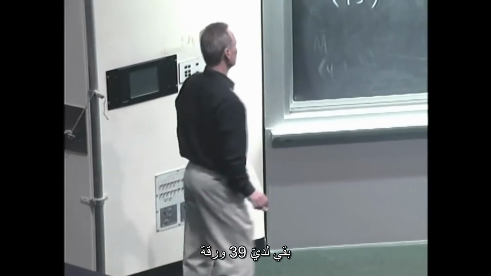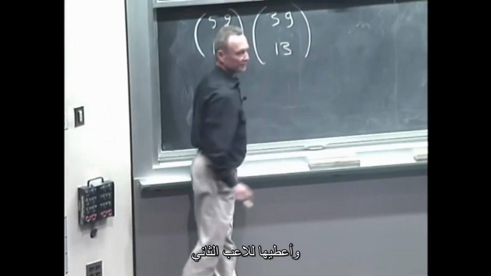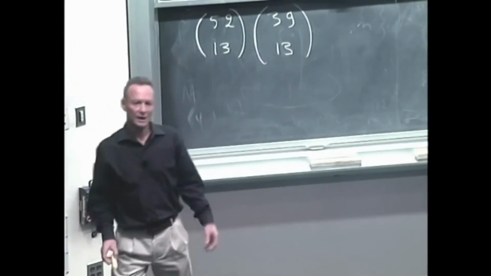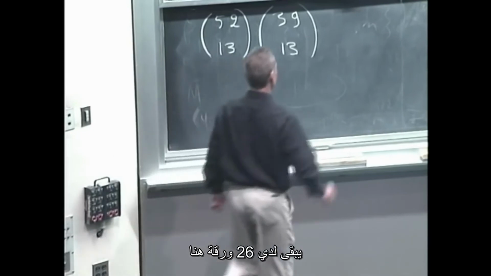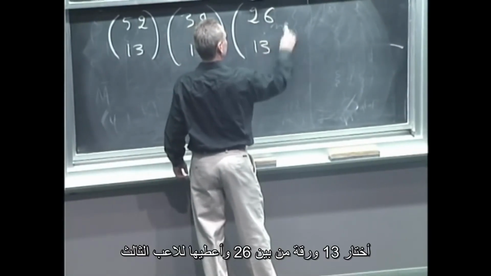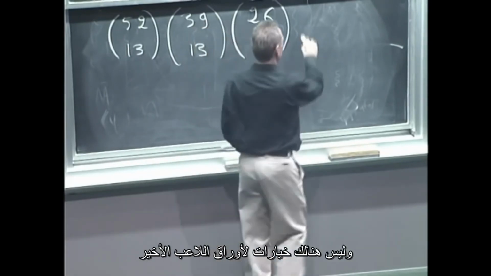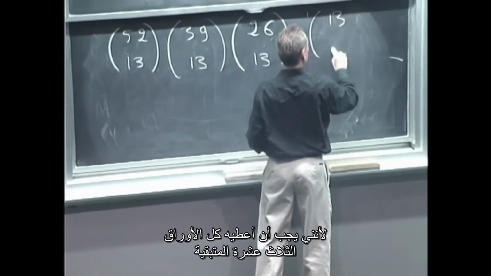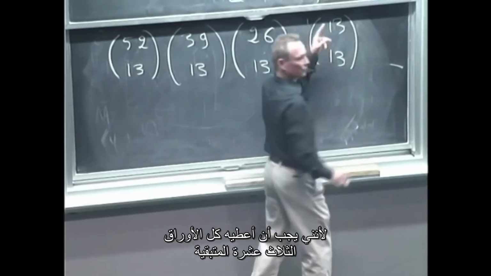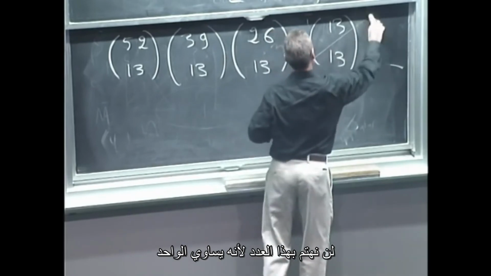I am left with 39 cards, and out of those 39 cards, I pick 13 of them and give them to the second person. Now I'm left with 26 cards. Out of those 26, I choose 13, give them to the third person, and for the last person, there isn't really any choice. Out of the 13, I have to give that person all 13, and that number is just equal to 1, so we don't care about it.